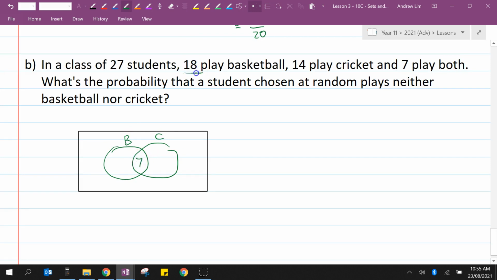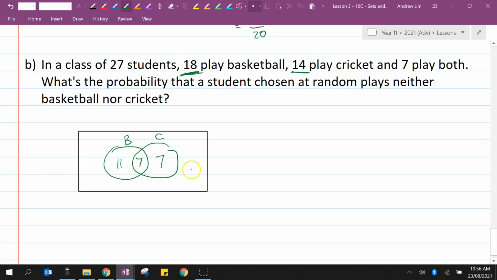Because 18 students play basketball, we've already accounted for 7 of them, so 11 must play basketball only. 11 plus 7 is 18, so 18 people play basketball. What number do I need to write in here? Well, 14 people play cricket. I already have 7 of them, so I need to write another 7. That means if I were to add these numbers together, 11 plus 14 is 25.